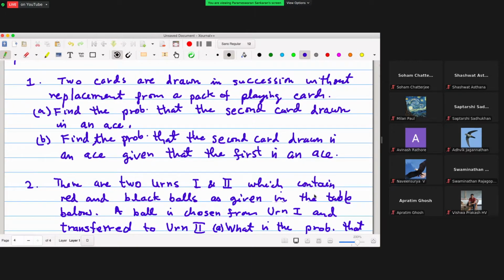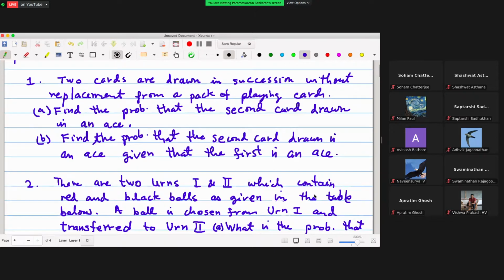So two cards are drawn in succession without replacement from a pack of playing cards. As you know, playing cards contain 52 cards. There are 4 suits, and in each suit there are 13 cards or ranks, as they are called.